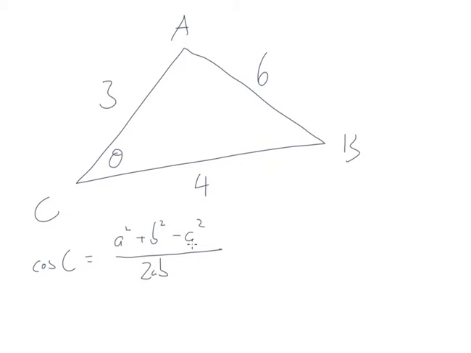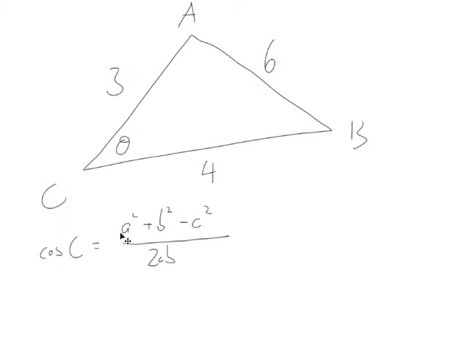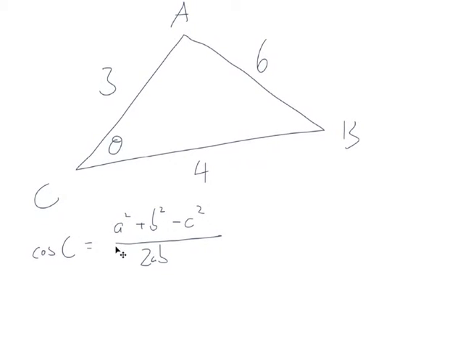And it's good to memorize them, it's good to know them, but of course if you need to go for the formula sheet, you might have to do a little bit of rearranging to get the different forms, but it's just a little bit of algebraic manipulation. In terms of our question here, cos theta would be, well, sidewise, this is a, this is b, and this is c.